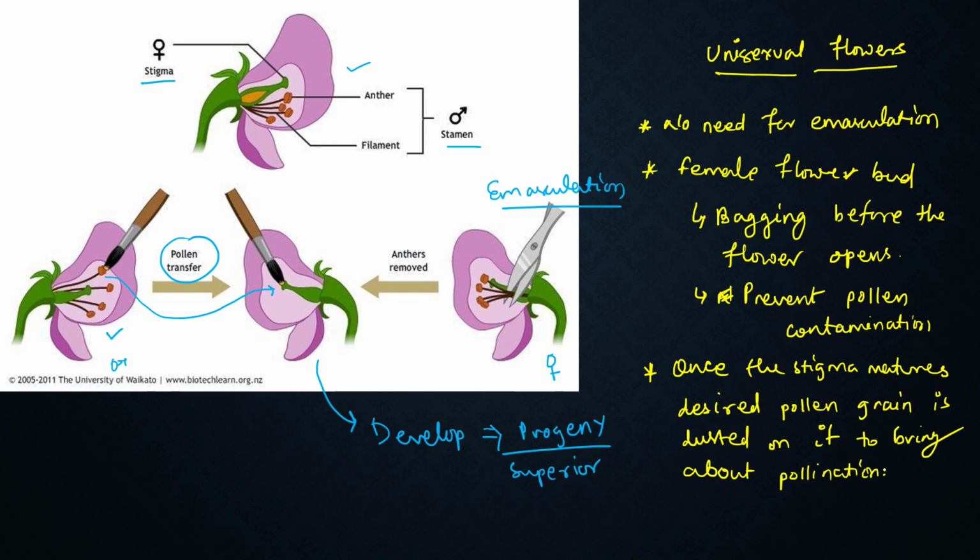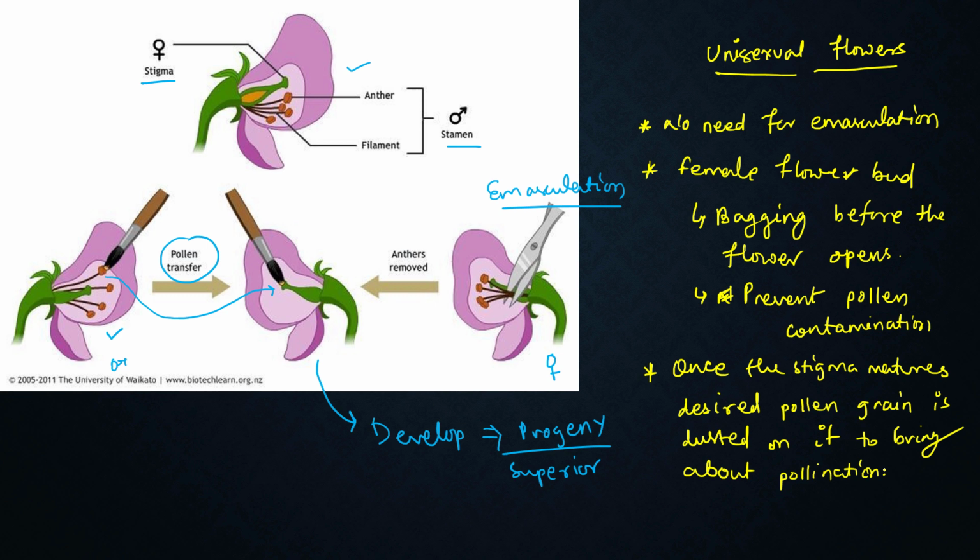And we start bagging it before the flower opens, and that will allow us to prevent any sort of contamination by any unwanted pollen grain. And the moment the female flower matures, that is, the stigma matures and is receptive enough to the pollen grains, we take the desired pollen grain from the desired flower having the desired character or traits, and we dust it on the stigma of this bagged flower, and that will bring about pollination, thereby controlled pollination.